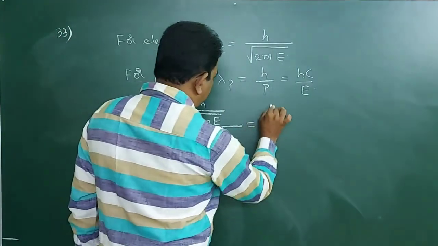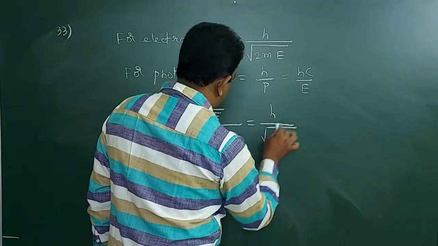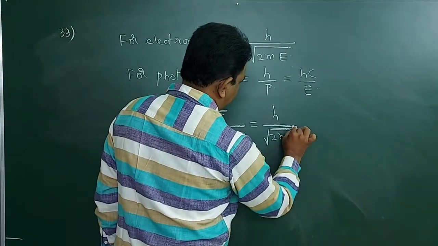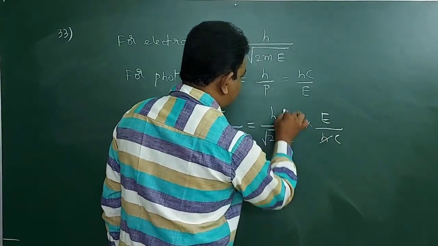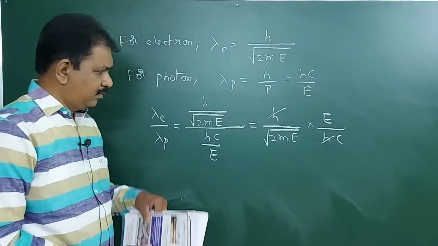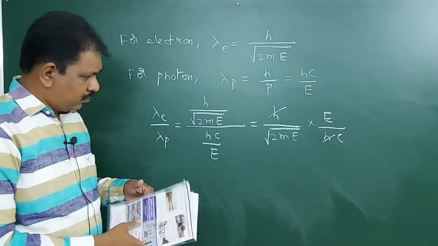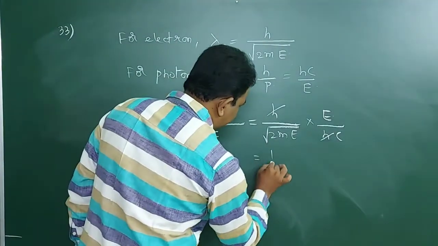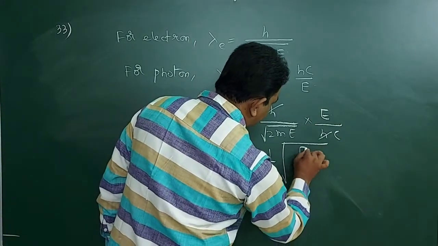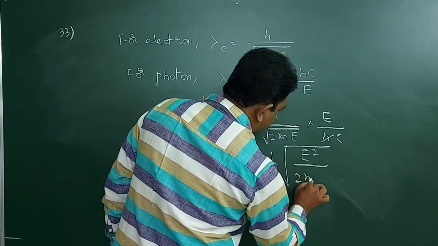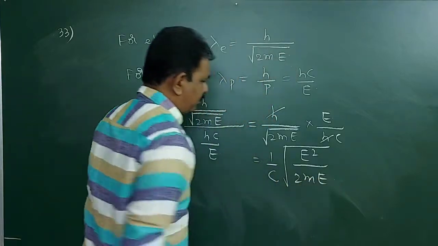Okay, this is h by root 2mE into E by hc. H will cancel. So 1 by c. This E also we will write in the square root, E square by 2mE.